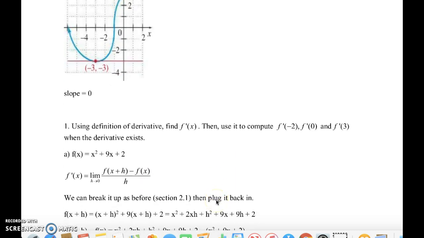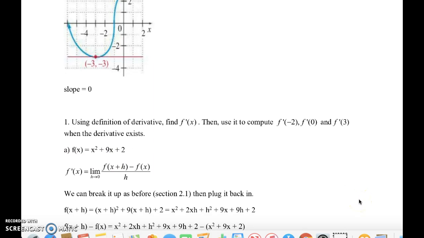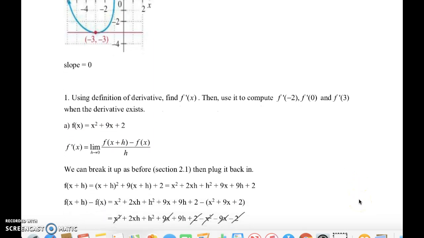All right. So first of all, we want to break it up as before, and we want to plug it right back in. So we already know what f of x is. f of x is given to us, so we don't have to sit and figure that out. What we need to do is figure out f of x plus h. So for f of x plus h, we're going to plug in x plus h wherever there's an x value in our original equation.